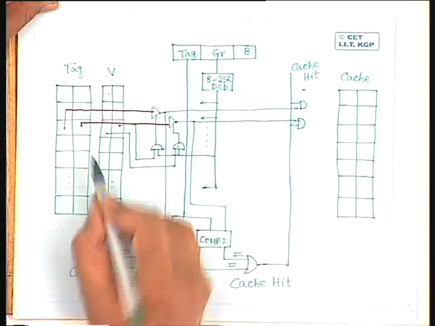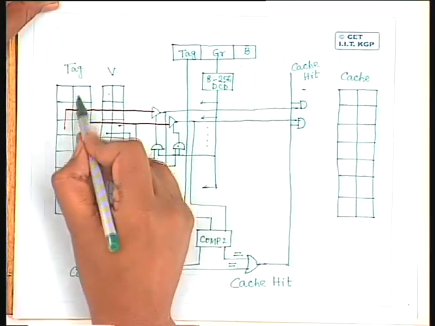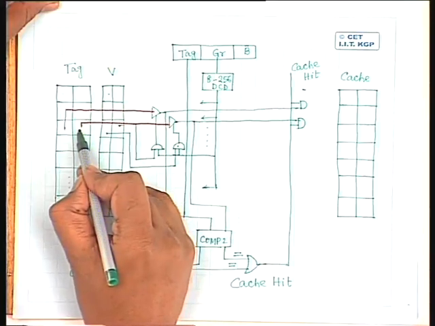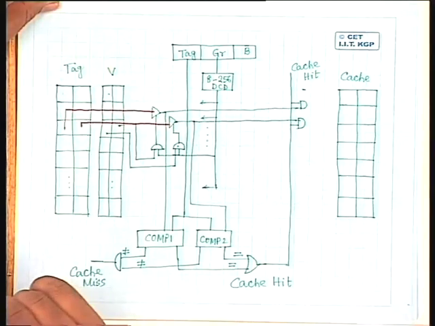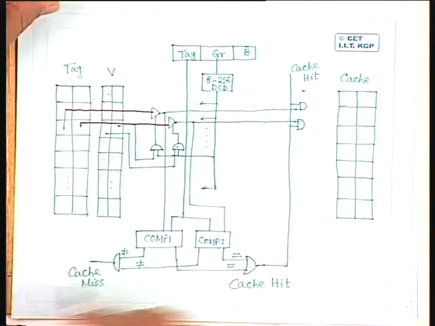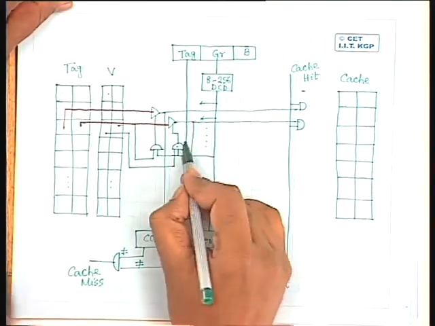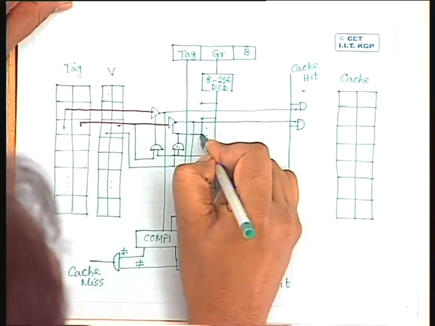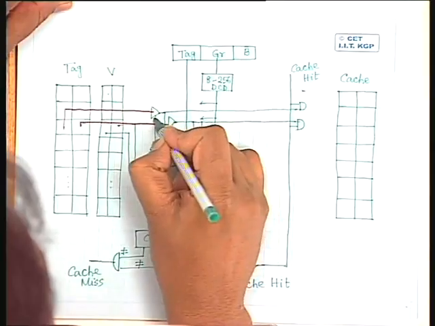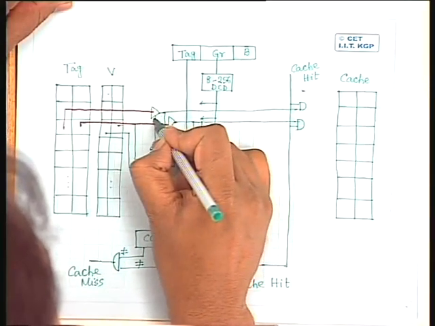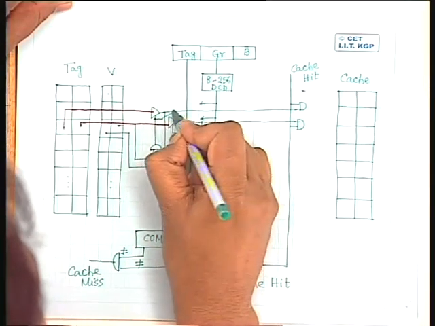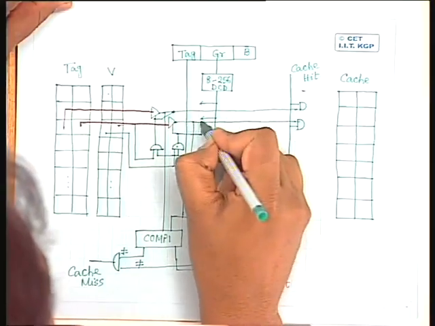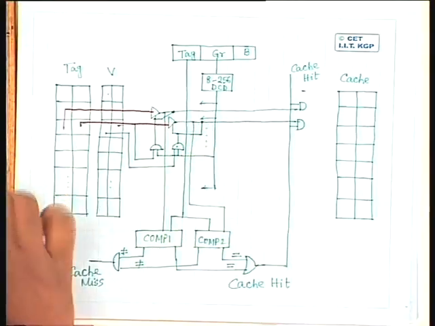So I am considering the third entry. The buffer output or the AND gate output will go? Pardon? So the buffer output will be ANDed, or the AND gate? Oh, sorry, yeah, you are right. This will go to the AND gate outputs. Not this.